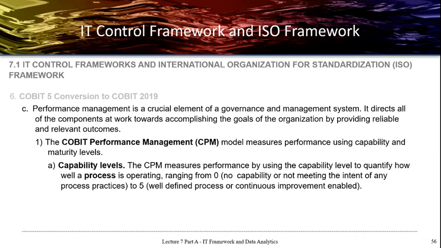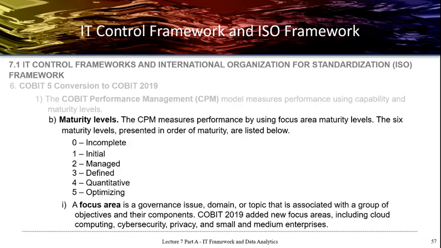The CPM measures performance using a capability level to quantify how well a process is operating, ranging from 0, no capability, to 5. Incomplete, initial, then maturity level: managed, optimized is 5. The focus areas are given.